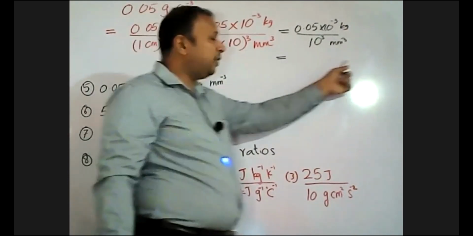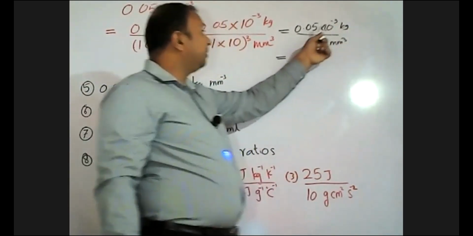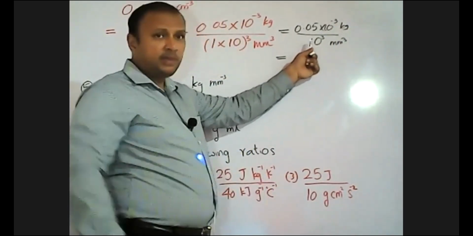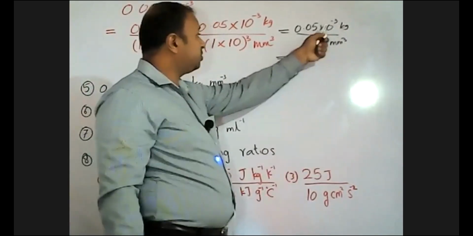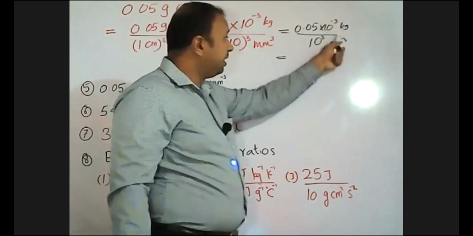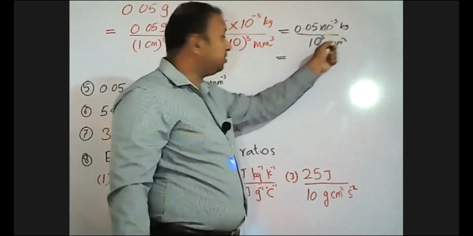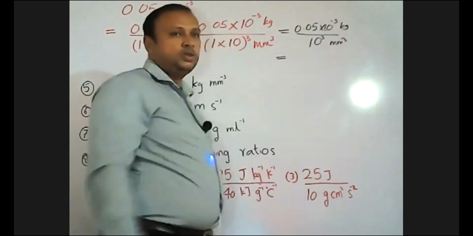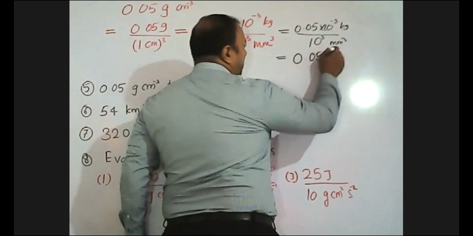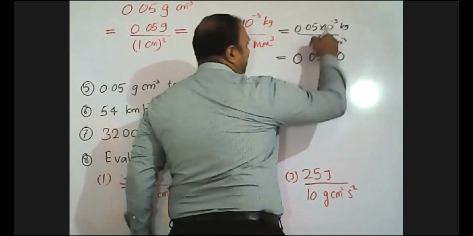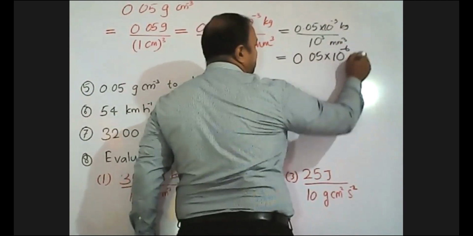If you bring it into the numerator, there are two 10 powers: 10 to the power minus 3 and again 10 to the power minus 3. So my answer is 0.05 into 10 to the power minus 3, and minus 3 means minus 6.